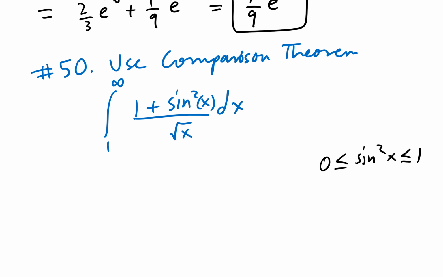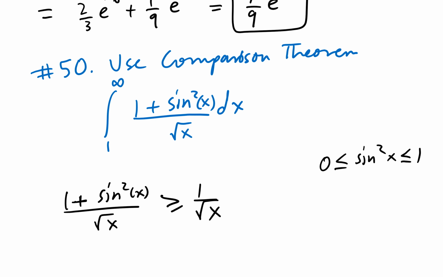So this means the top, the 1 plus sine squared x, is going to be bigger than or equal to 1. So this quantity, with the sine squared, is bigger than or equal to 1 over square root of x.